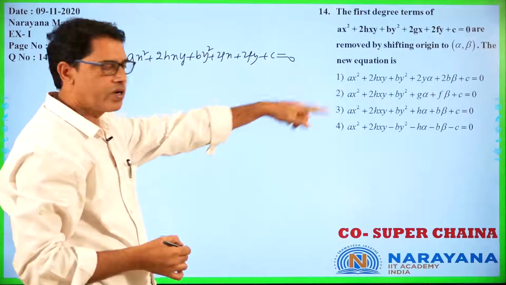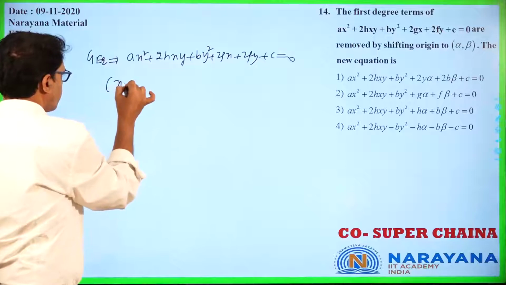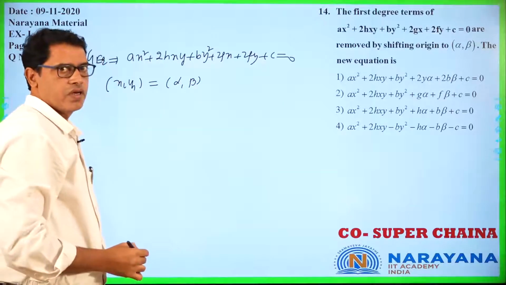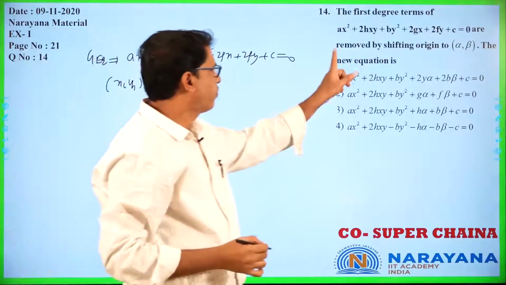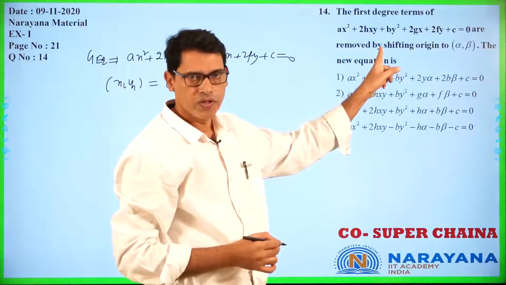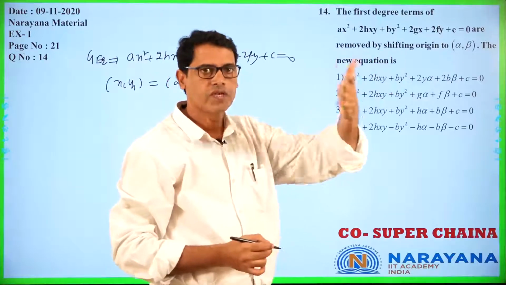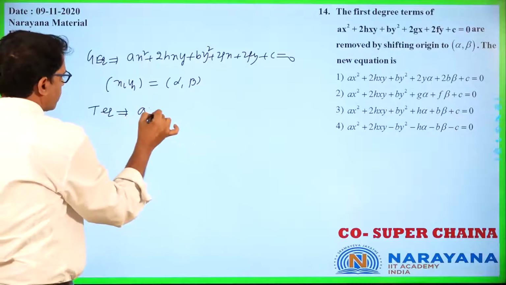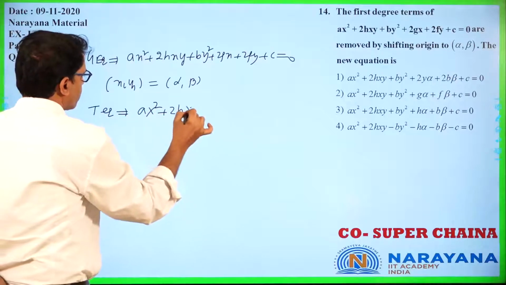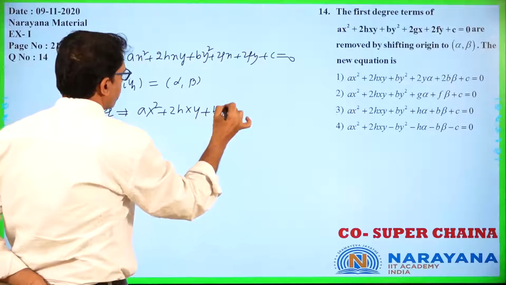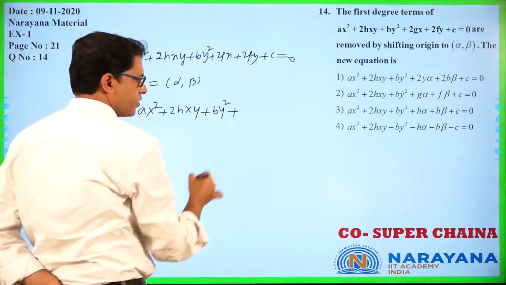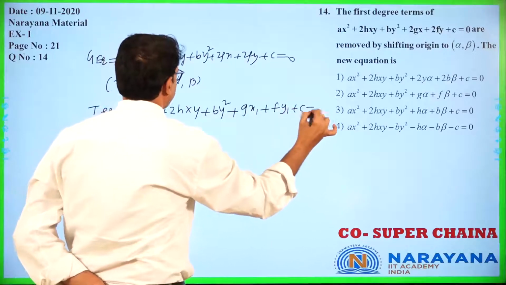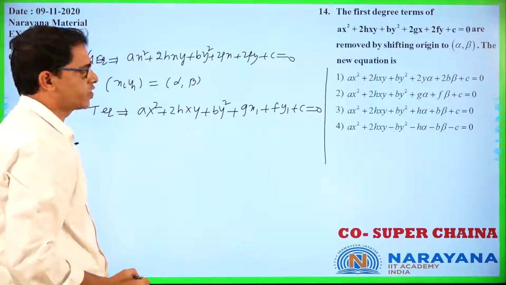The translated point is x1, y1 equals alpha comma beta. Here look at the question. The first degree terms are removed. Then the transformed equation is ax square plus 2hxy plus by square plus g x1 plus f y1 plus c equals 0. So this is the transformed equation.